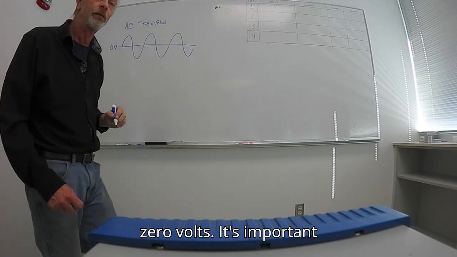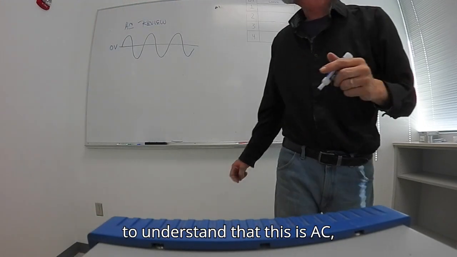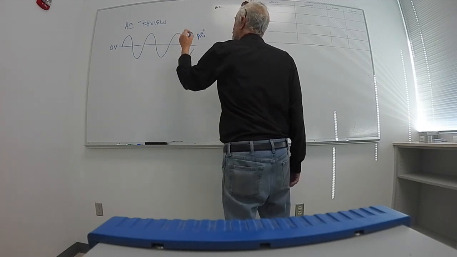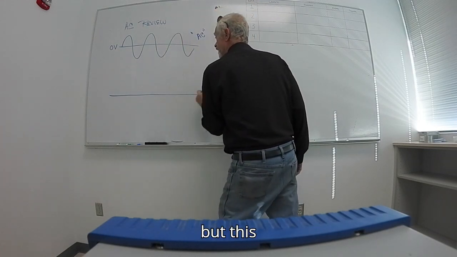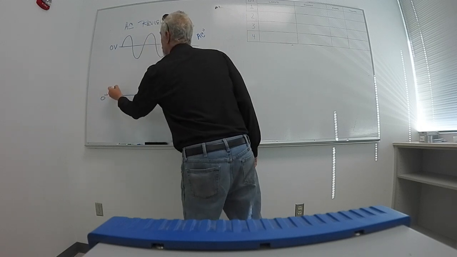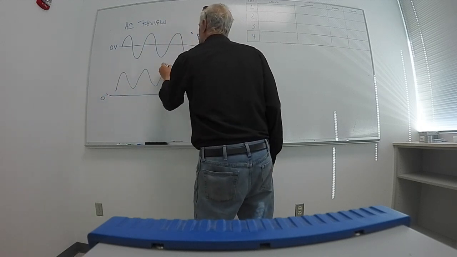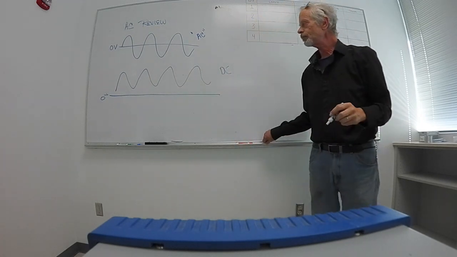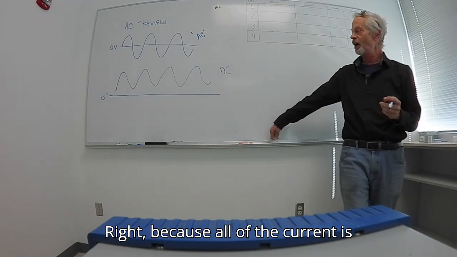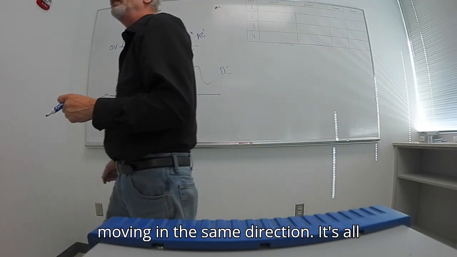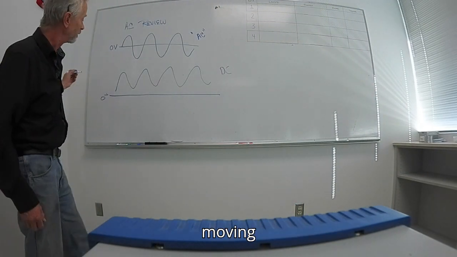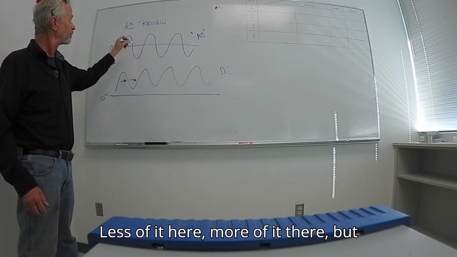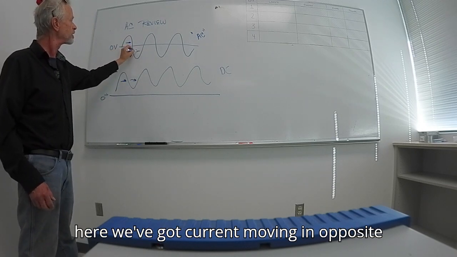Zero volts. It's important to understand that this is AC, but this is DC. Right? Because all of the current's moving in the same direction. It's all moving, less of it here, more of it there, but here we've got current moving in opposite directions.